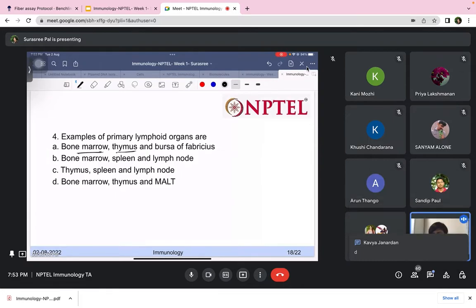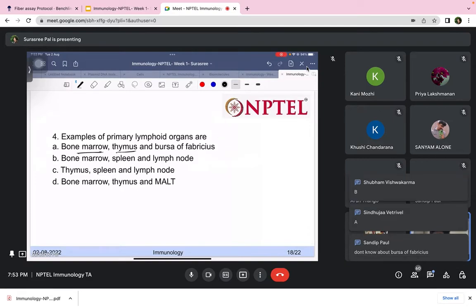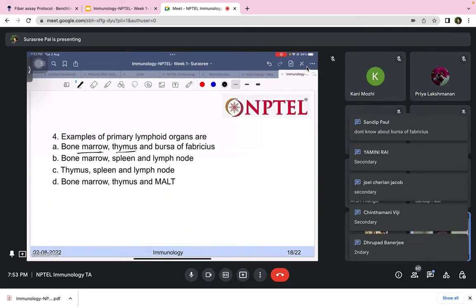What about spleen and lymph node? Does anyone know what type of lymphoid organs the spleen and lymph node are? Okay, Sandeep is writing that he doesn't know about bursa fabricius, right? I'll explain that to you.